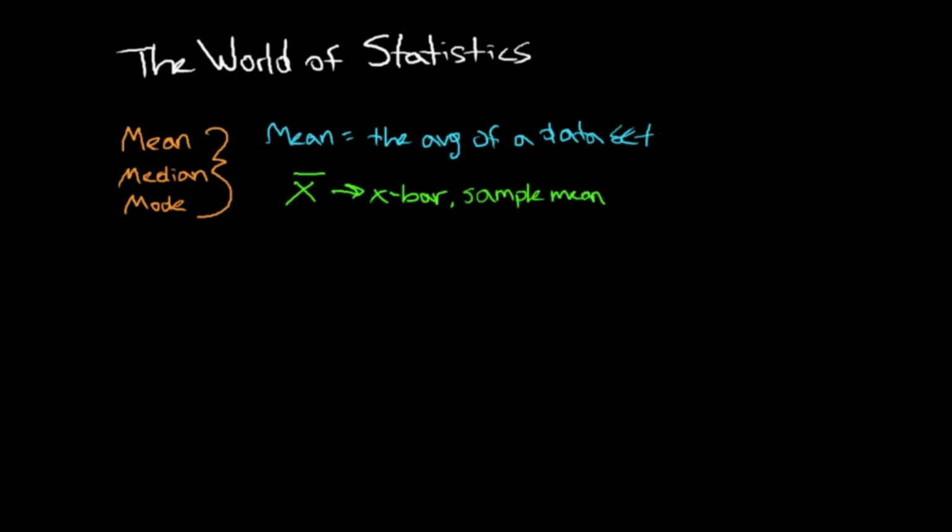And when using this sample mean, we can then determine what is happening on a larger scale. So let's say we have plants in our garden, and we want to measure how tall they are.